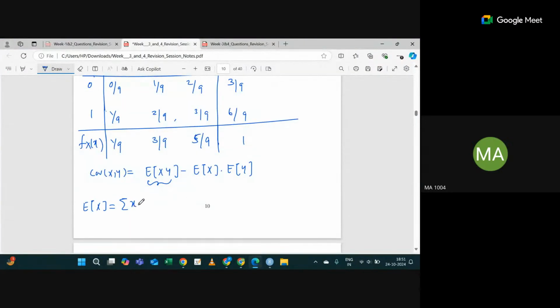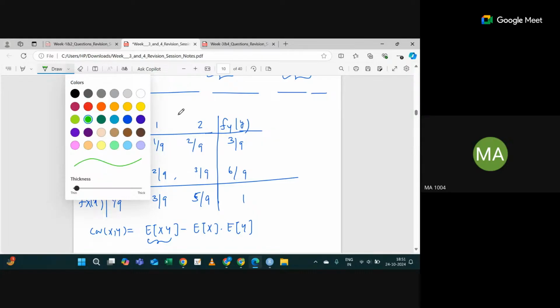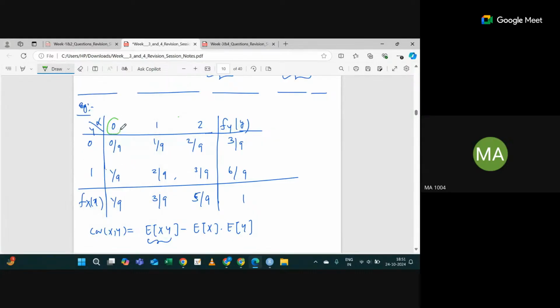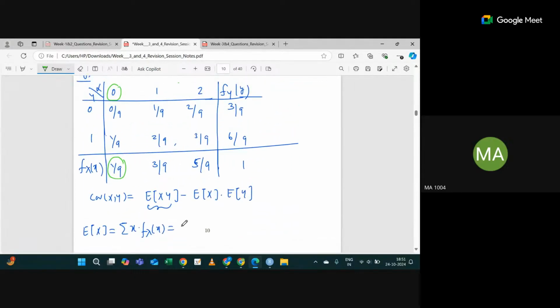This is summation of x into fx of x, right? So you have to do 0 into 1 by 9, since this is the marginal PMF for x, plus 1 into 3 by 9, because here we are talking only about x, plus 2 into 5 by 9. So it will be whatever the answer is.